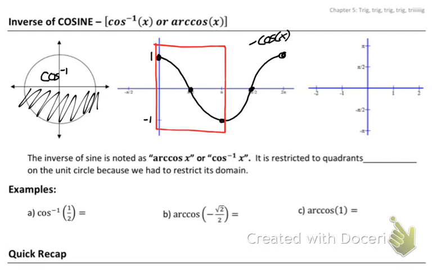All right, so I'm just going to list my x and y values. So this is going to be pi, negative 1. I flip that, and over here it's negative 1, pi. My next point is pi over 2, 0. So that means my inverse is going to be 0, pi over 2.